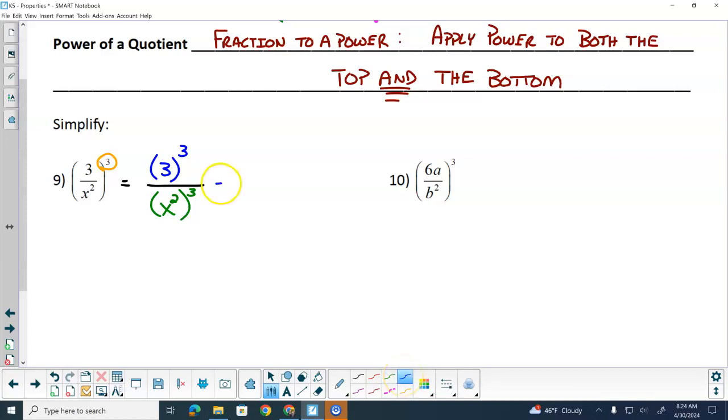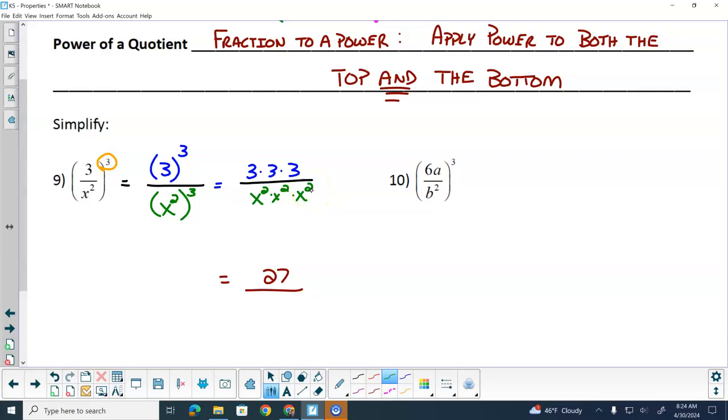So this is 27 over what's x squared to the third power? x squared times x squared times x squared, which would be how many total x's? 6.